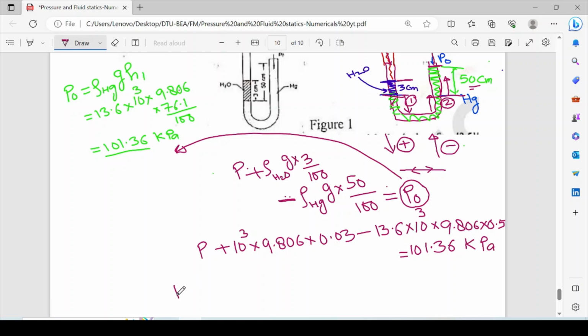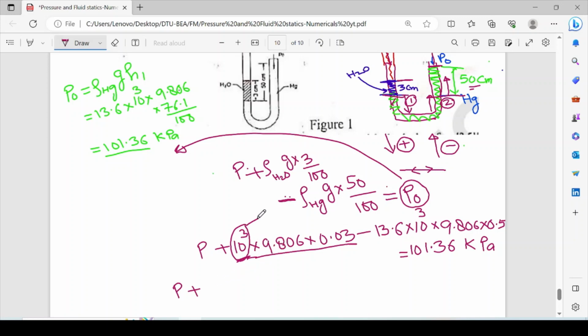After solving this equation, pressure P plus, we are changing the whole value in pascal, but to convert the value to kilopascal we divide by 1000.